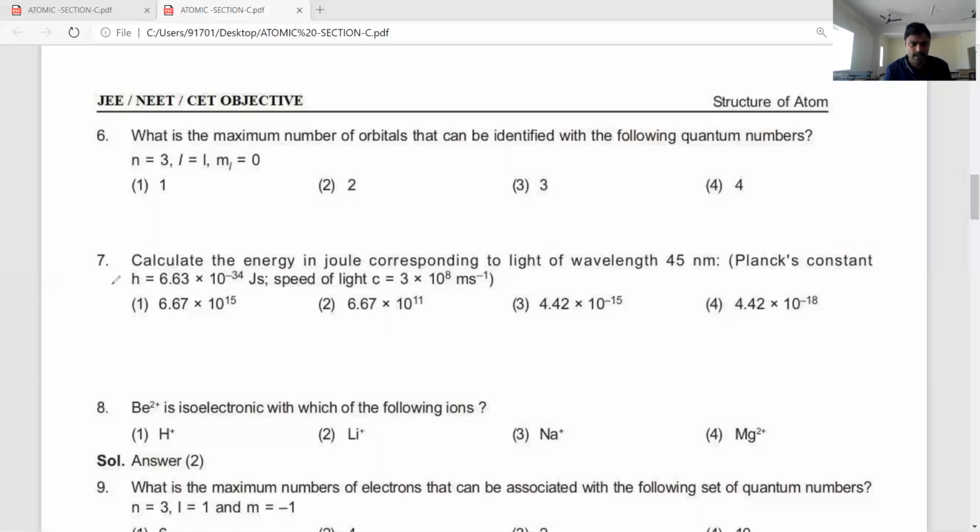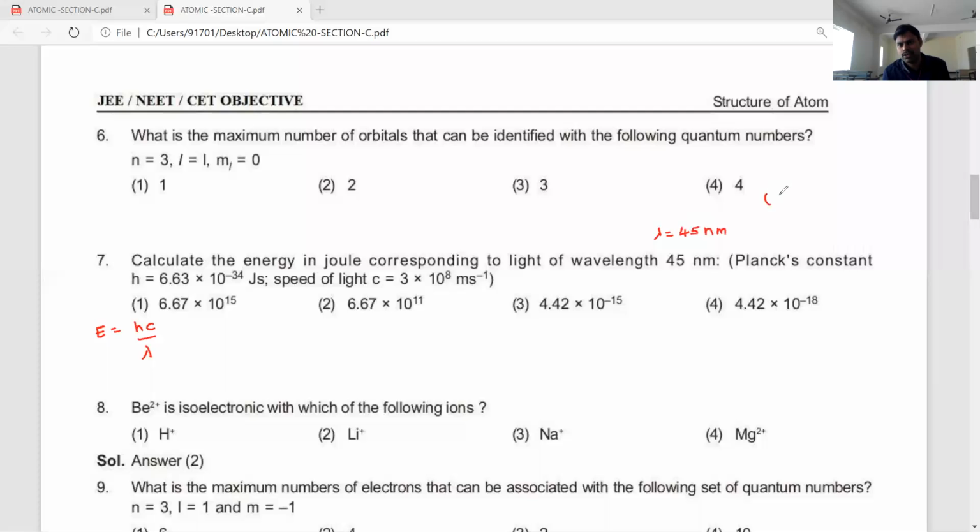What is the energy formula? Energy is equal to h nu. h nu is nothing but hc by lambda. Here lambda is equal to 45 nanometers.